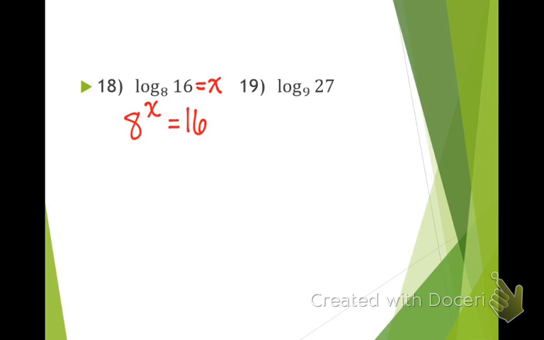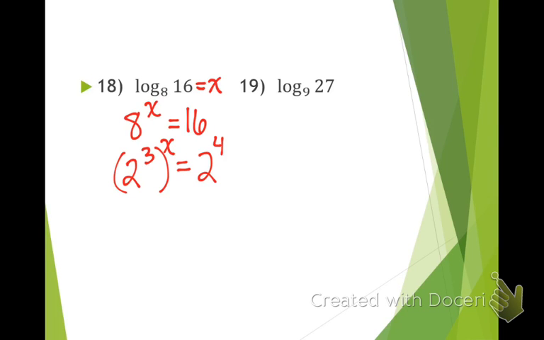So instead, I'm going to use my knowledge of the fact that 8 and 16 are both powers of what number? 2. So 8 I could rewrite as 2 to the 3rd power. It's still being raised to the x after that. Is equal to 16. We could write it as 2 to what power? The 4th power.